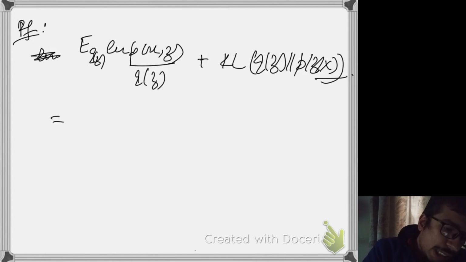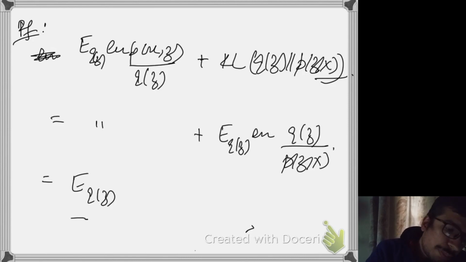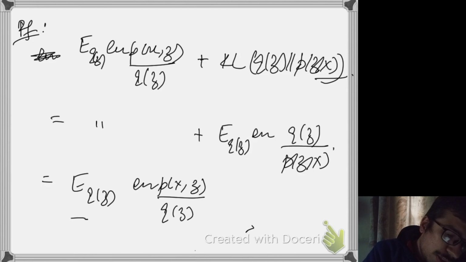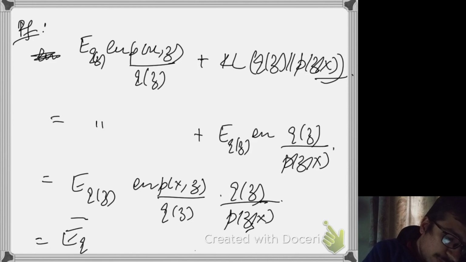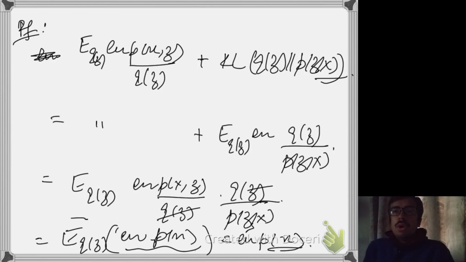This KL divergence is also the expectation over q(z) of log of q(z) by p(z given x). Overall I have the expectation over q(z) of log of p(x,z) by q(z) times q(z) by p(z given x). So this is just p(x), and since there is no z inside the expectation, I can just write it as log p(x), right?